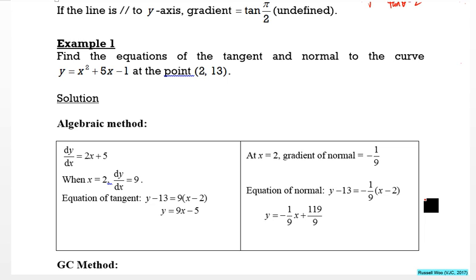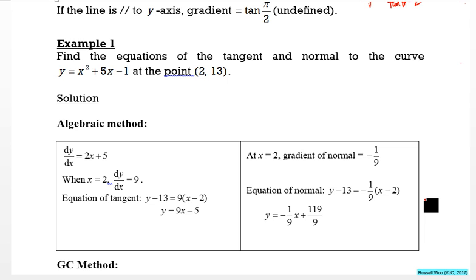All you need to do is differentiate and substitute numbers in. All good? And easy? All you need to do is differentiate, sub numbers in, you're done.